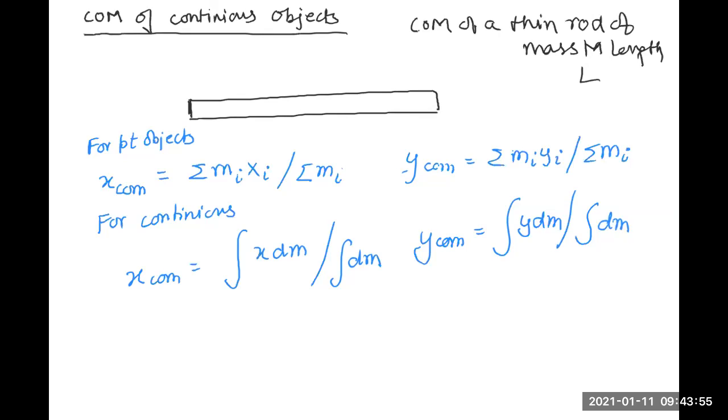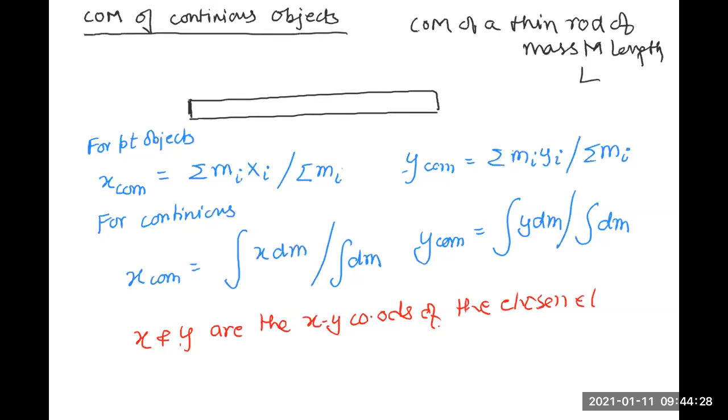Now it is very important that you know what is x and y, right? Although x and y have the same meaning as before, but still I must point this out. So x and y are the xy coordinates of the chosen elements.